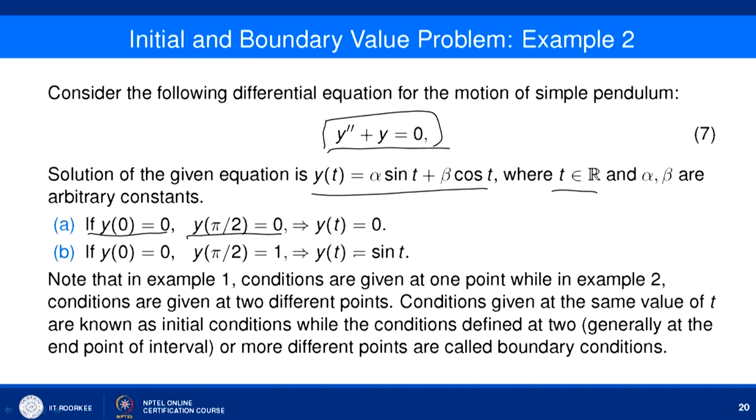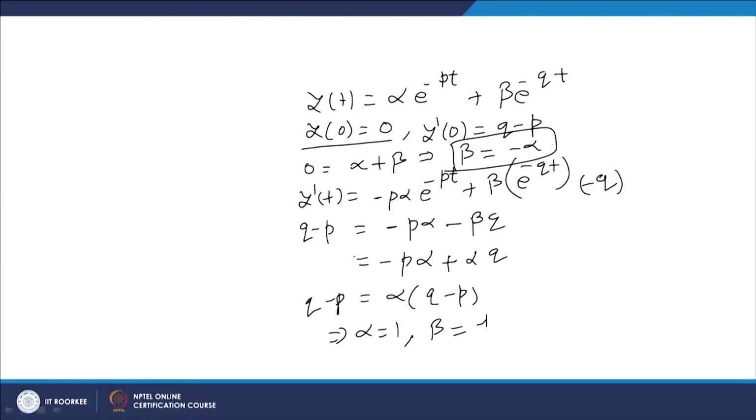When you put y(0) equal to 0, what is given here? Here it is y of t equal to alpha cos of t plus beta sin of t.